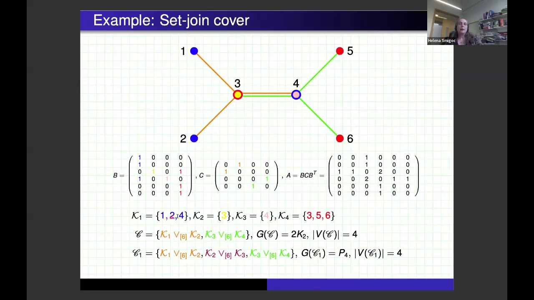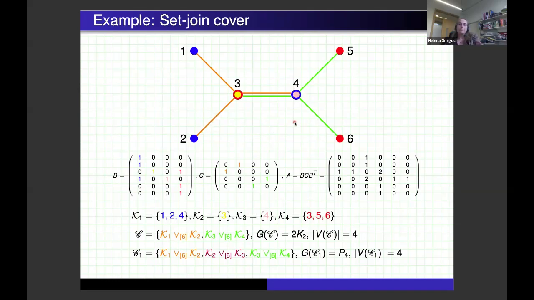I have component 1 to 4 that's joined with component 3. So that gives me the star with center vertex 3 and covers the orange edges. Then I have another set join with components 3 and 3, 5, 6. And this is the star with the center vertex 4 and green covers the green edges. And so I have gotten the set join cover of my graph.